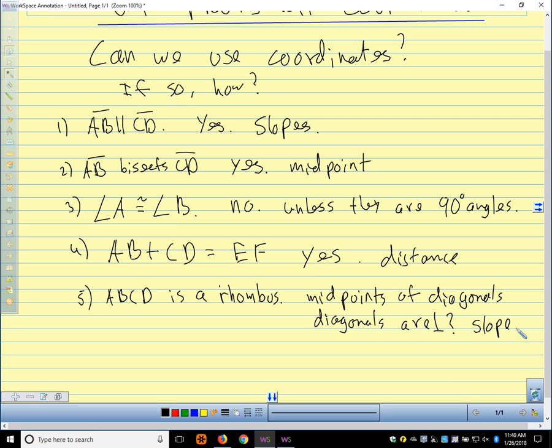Is there something else we could do? A different way that we could figure out that it's a rhombus? Yeah? We could use a distance to compare side lengths. And is there another way other than the diagonals bisecting each other? Is there another way that we could decide it's a parallelogram?